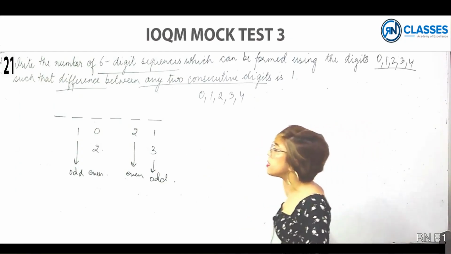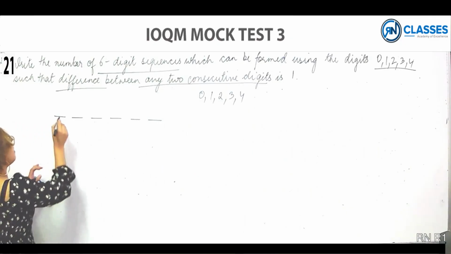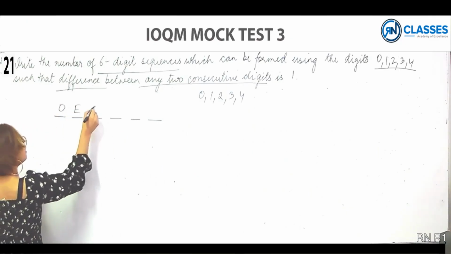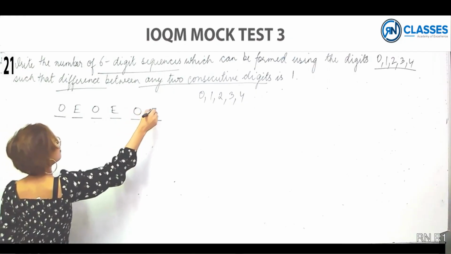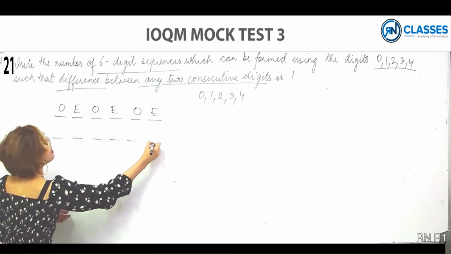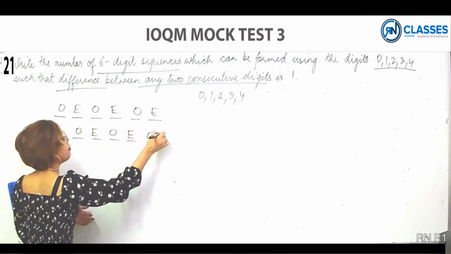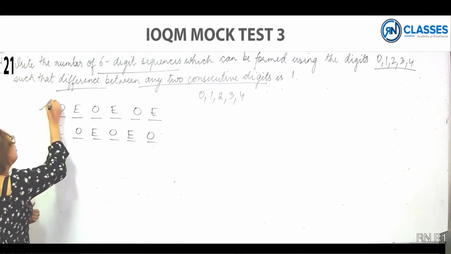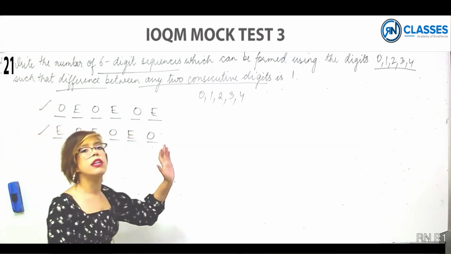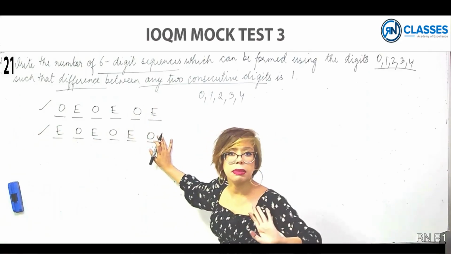Now, since odd numbers and even numbers are alternating, there are just two possibilities. Either I will have an odd number here, then even, then odd, then even, odd, even. The second might be, obviously, the sequence starting with even, then odd, even, odd, even, odd. Right? These are the two possible cases. If I can count the number of sequences in this case as well as this one, I'll add them up and my answer would be there.